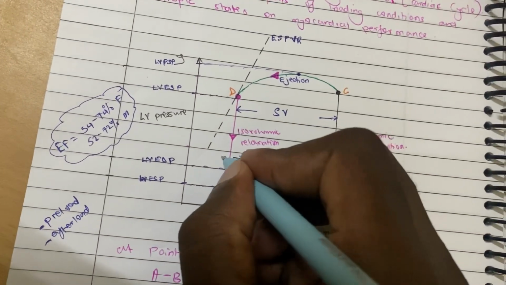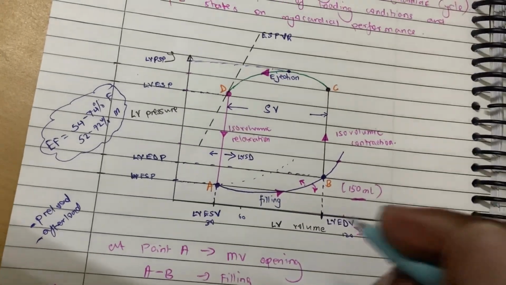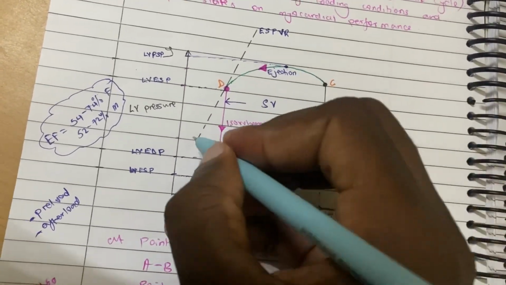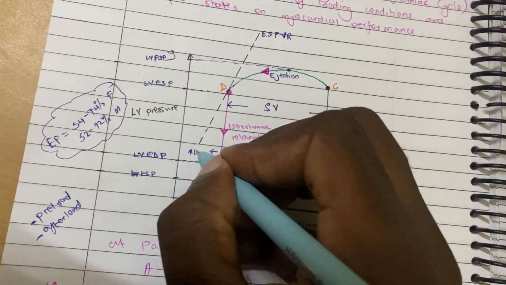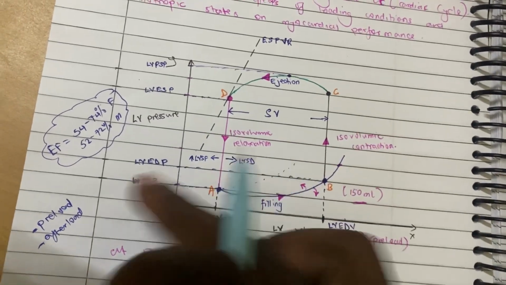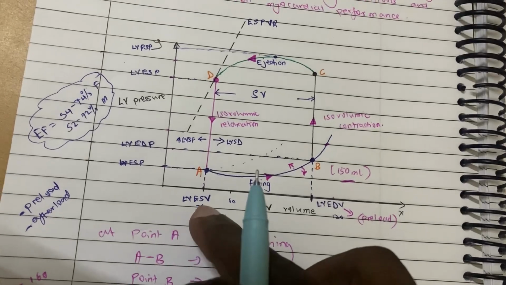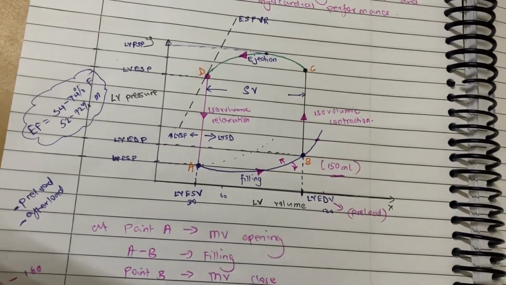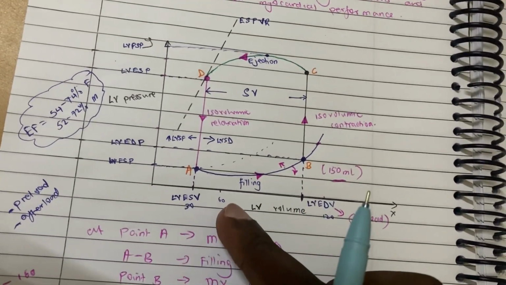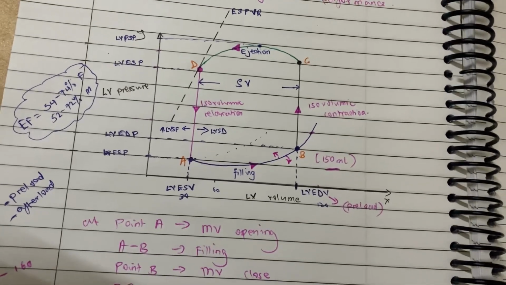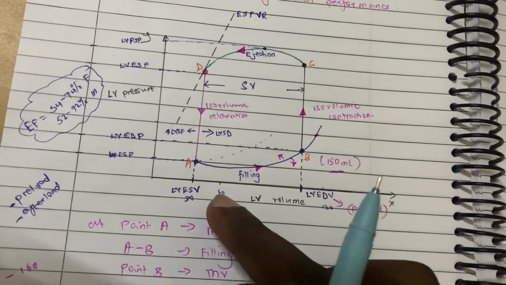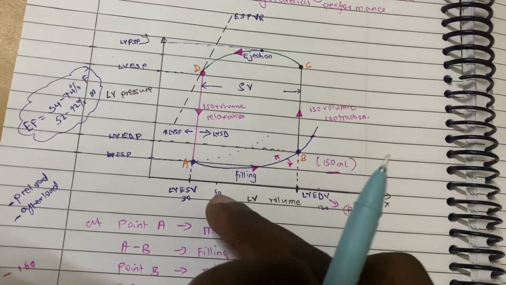With normal or increased LV systolic function, it will shift to the left, decreasing end-systolic volume. If we decrease end-systolic volume, it is good systolic function. If we have increased LV end-systolic volume, then it is systolic dysfunction.